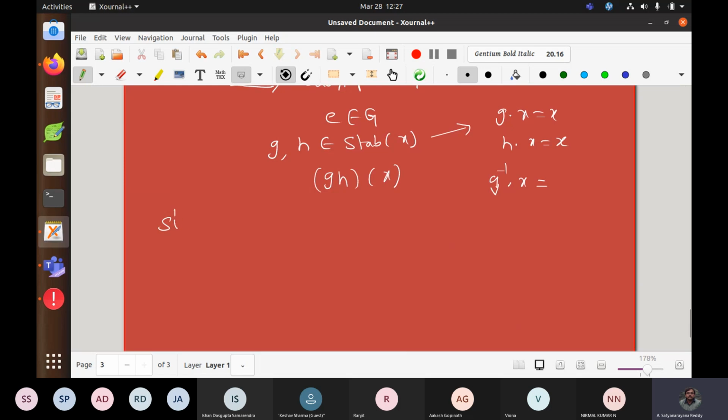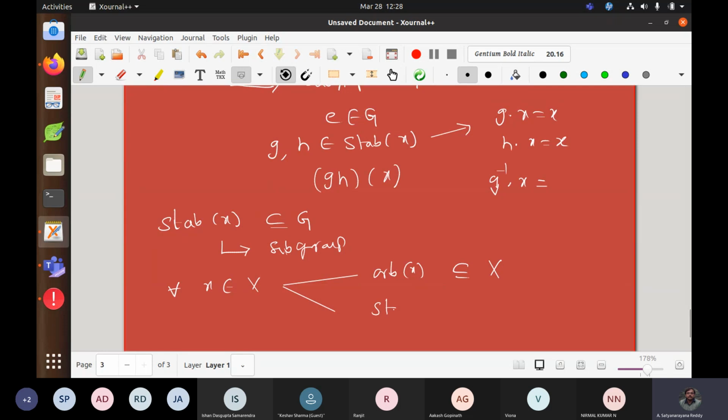So it is not only giving a subset of G, it is actually giving a subgroup. What is the conclusion finally here? For every x belonging to capital X, I have two things. I get the orbit of x, which is a subset of capital X, and I get the stabilizer of x, which is a subset of the group G. Please do not forget what the orbit of x and the stabilizer of x are.